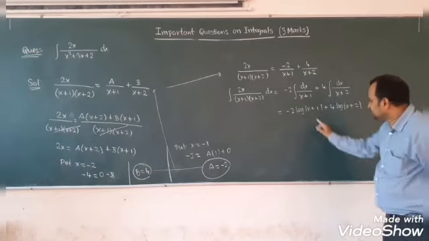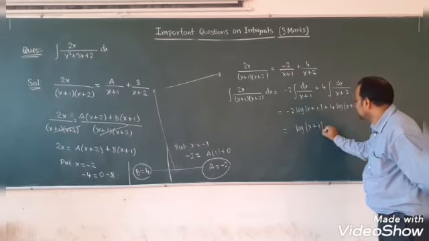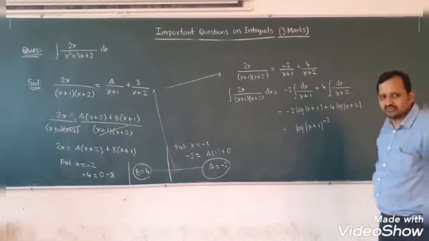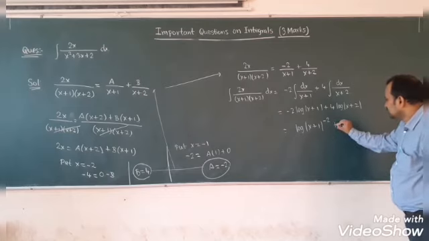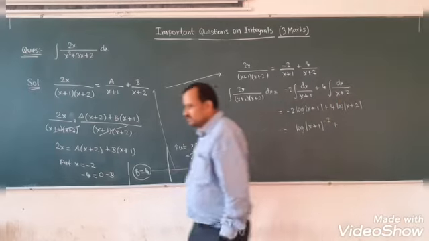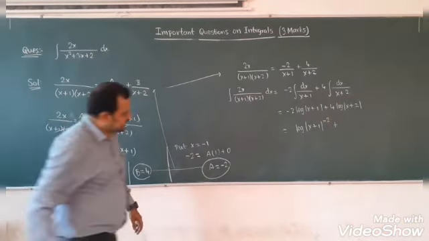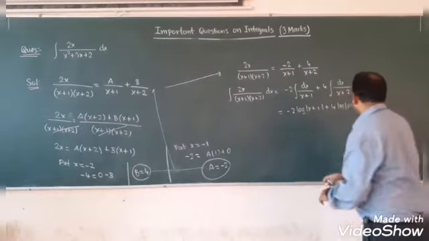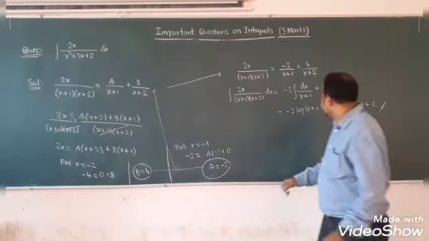Now see here, we can write this as log of (x plus 1) to the power minus 2 by using property of log, or we can leave the answer like this also. So this is the required answer.